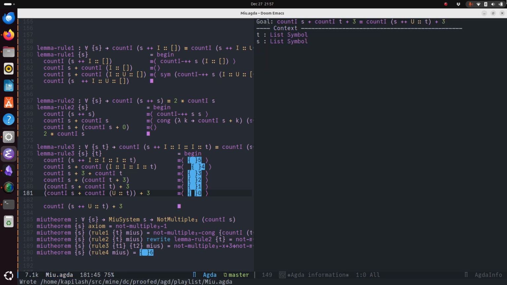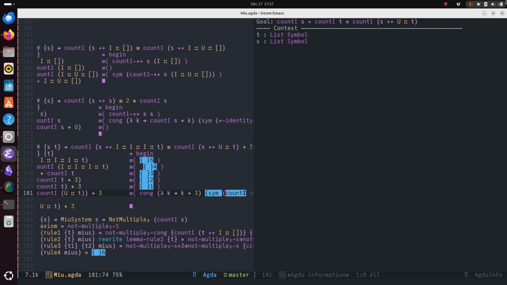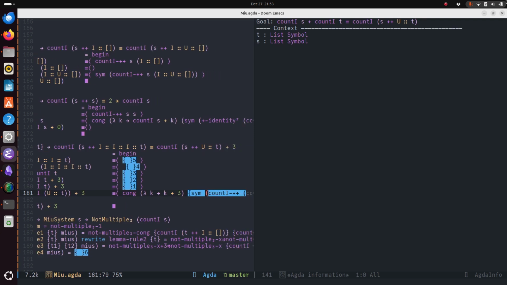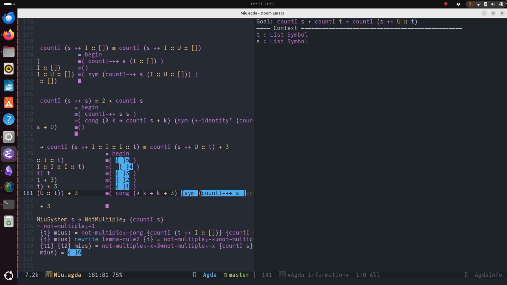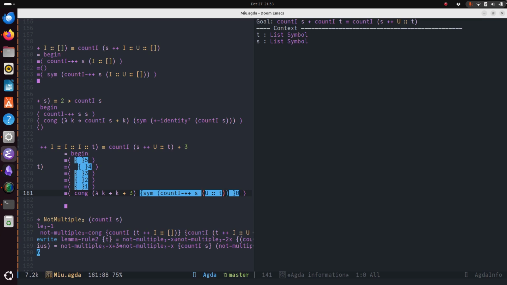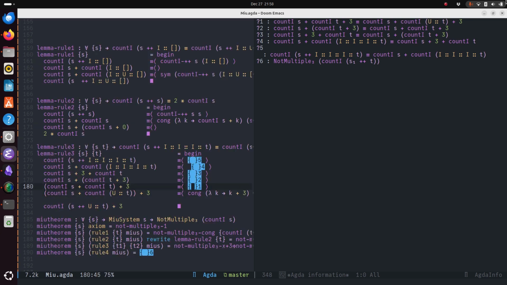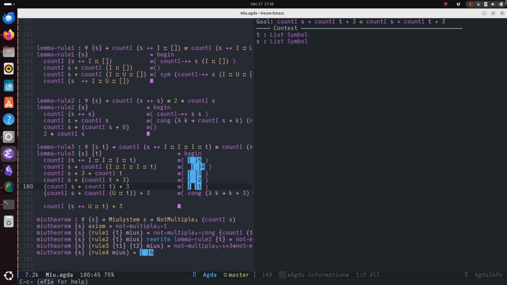So, right, let us say cong, which should be equal to the symmetric version of S and U colon T. Right, Agda should automatically give it for us. Yes.